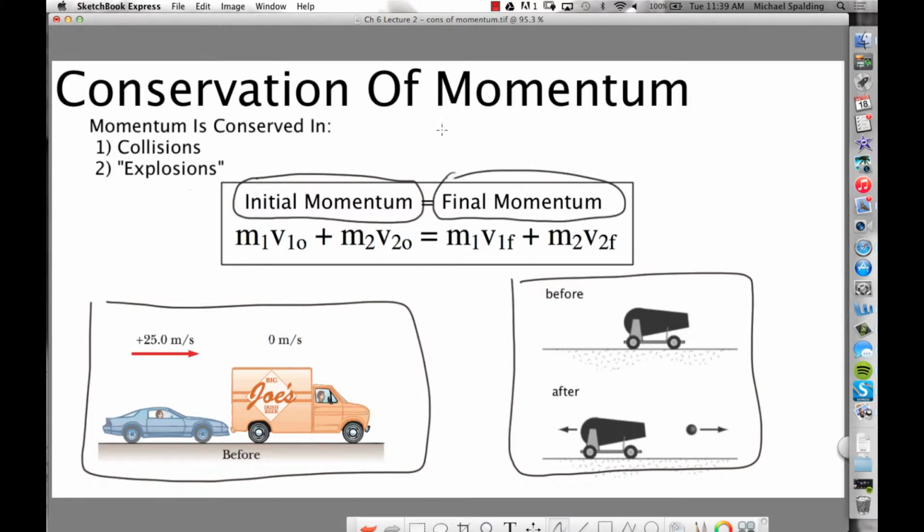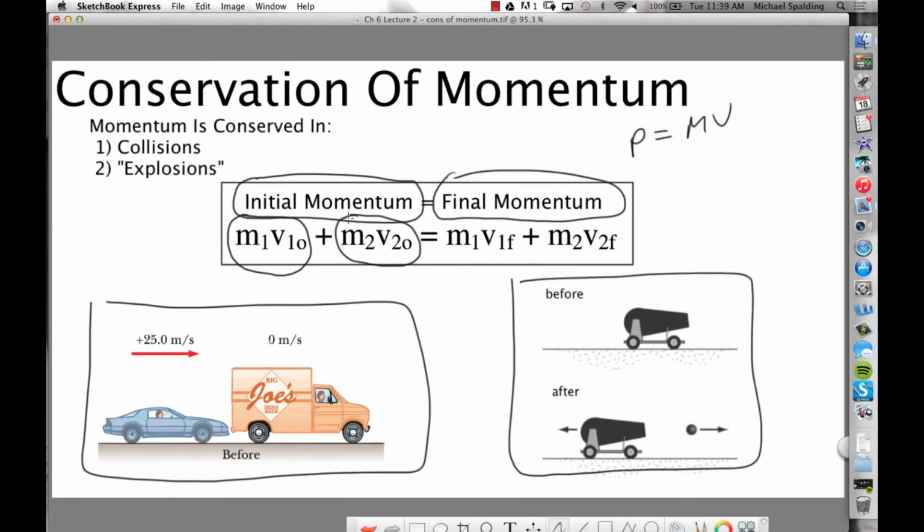Now, yesterday we talked about the equation for momentum. Momentum is the symbol P. It's mass times velocity. When kids first look at this equation, they're like, what? All these M's, all these V's. It's really pretty simple. What would M1 V1 initial be? That's the initial momentum of object 1. What would M2 V2 initial be?